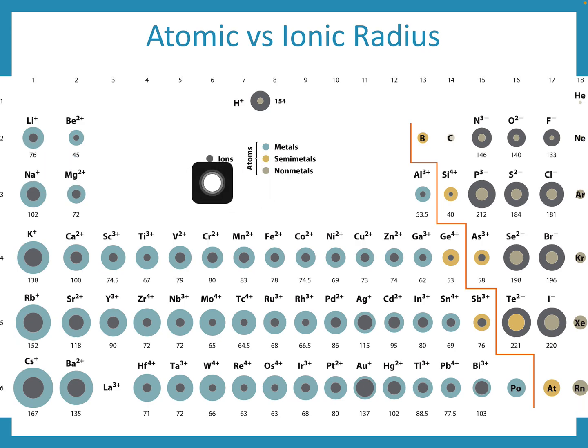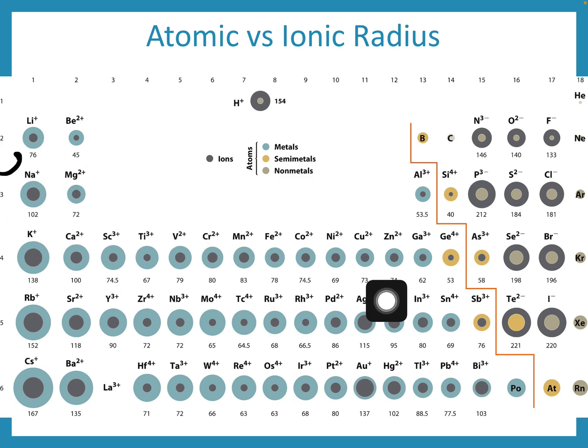So if we look here, the dark gray is the ion size and the blue is the metal as an atom. So lithium as an atom is larger than as an ion, and that is just because we have a loss of electrons and electron shells happening there.